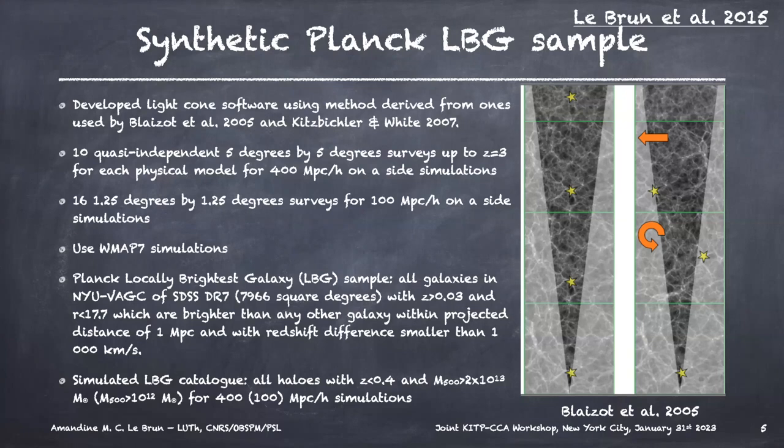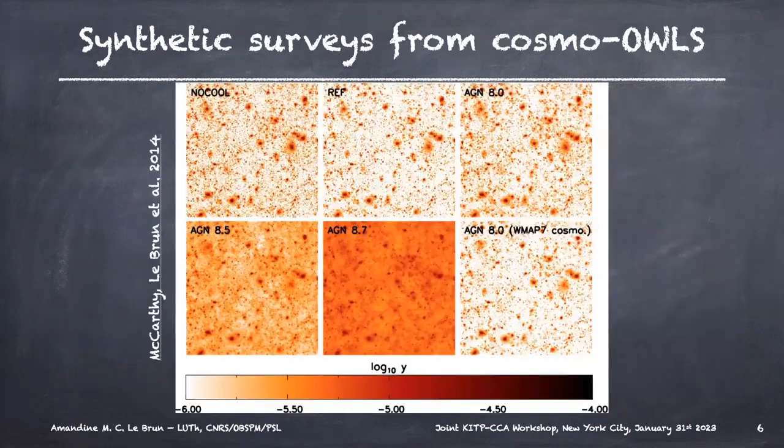I had to use the WMAP7 simulations and not the Planck ones in terms of cosmology, but it doesn't change the results, because that was the only set for which we had 100 megaparsec boxes with higher resolution that allowed us to go all the way down to galaxies while still having resolved halos. Here is what it looks like in terms of a 5 degree by 5 degree map.